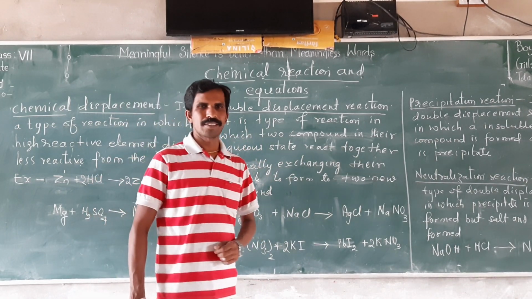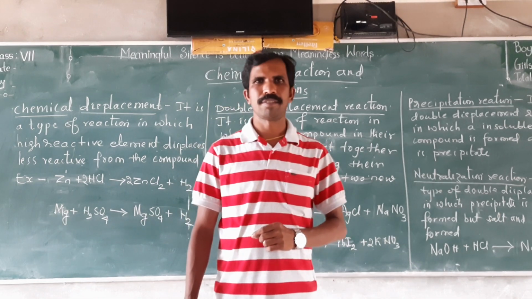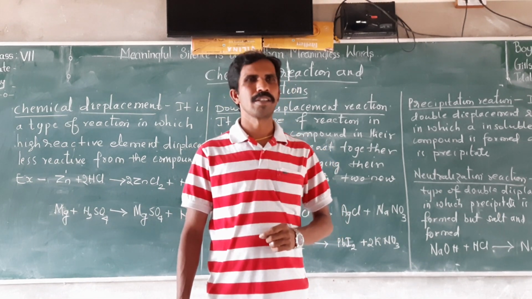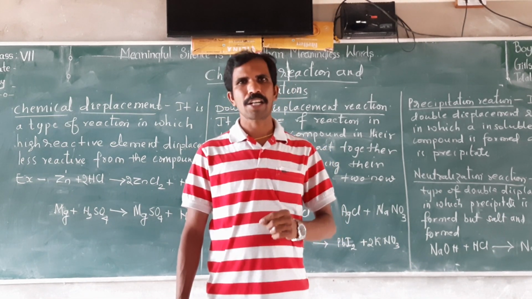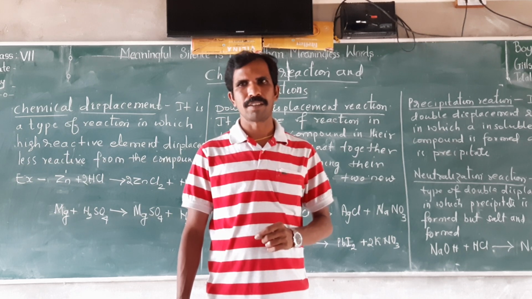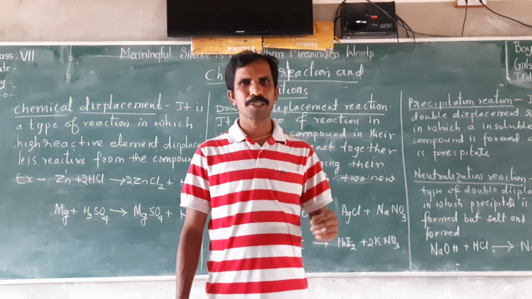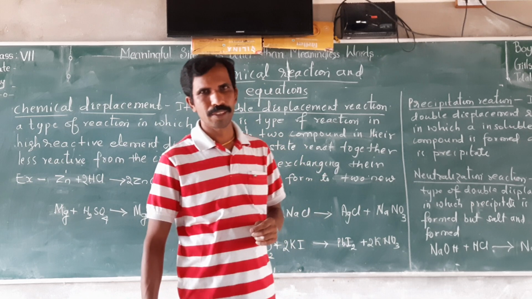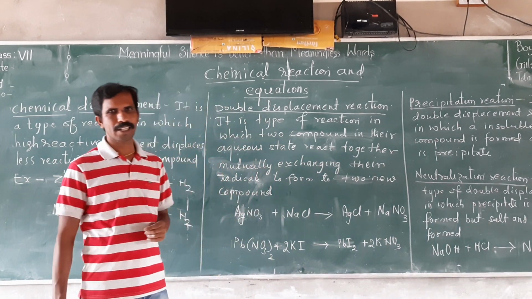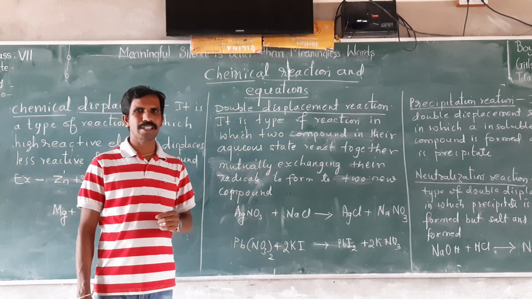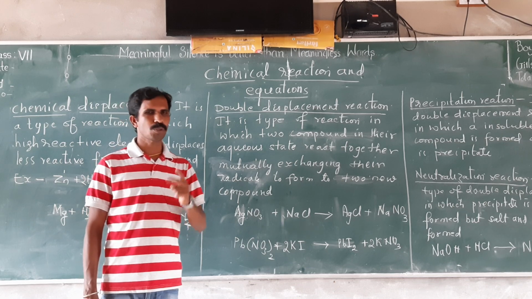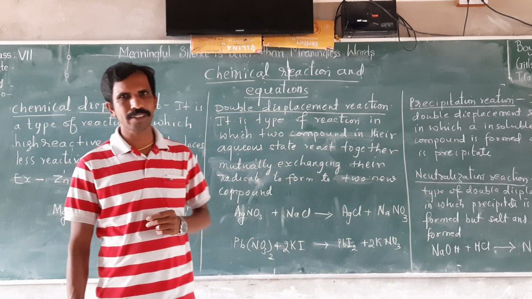So, this is the next part of the lesson called chemical reaction and equation. Already in the first part we have learnt about chemical reaction, types of chemical reaction. Two types of chemical reaction we have learned.